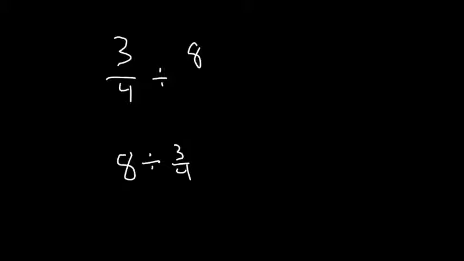Alright, so we're going to do 3/4 divided by 8. And we're going to do it the opposite way. So we'll do 8 divided by 3/4. So this first one we're going to keep the 3/4, change it to multiplication, and that 8, you can make it 8 over 1, and then find its reciprocal, flip it.